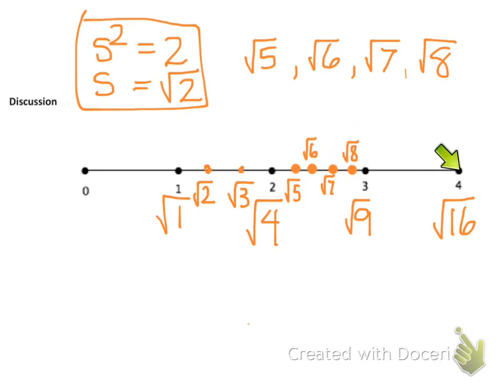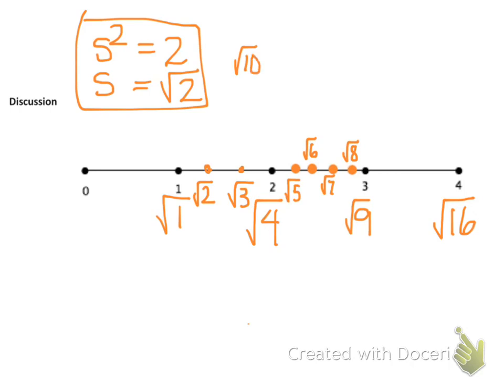Between 3 and 4, I'm going to have square roots of a lot of other numbers here. So now we're going to place those numbers there. We'd have square root of 10, 11, 12, 13, 14, and 15.